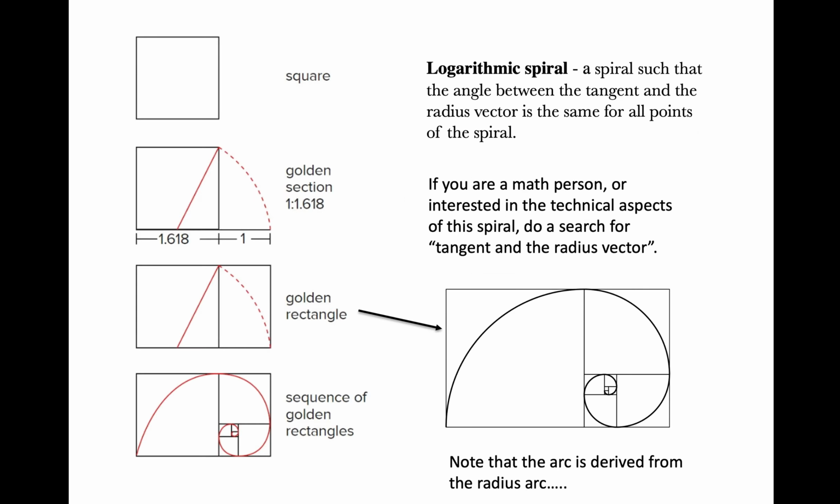Before I go there, I want to talk a little bit about this logarithmic spiral, or the spiral created by this golden section, this ratio of 1 to 1.618.